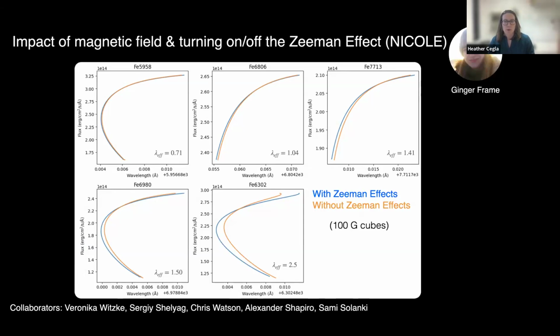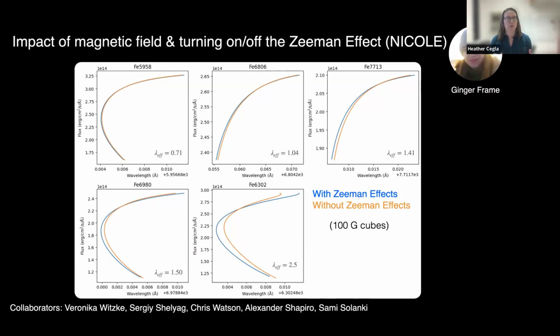So what Ginger wants to do is ultimately compare hydrodynamical simulations to small scale dynamo simulations and figure out: are hydrodynamical simulations good enough to approximate the quiet sun? Or does that small amount of magnetic field really change things significantly? And if we want to be realistic on a 10 centimeters per second scale, do we need a small scale dynamo type of model?